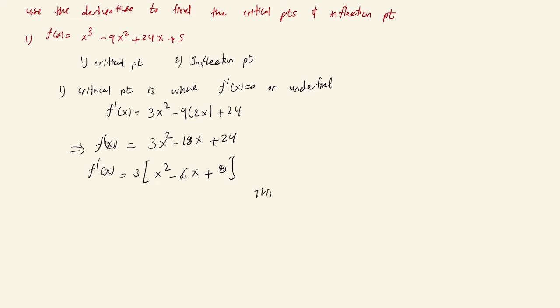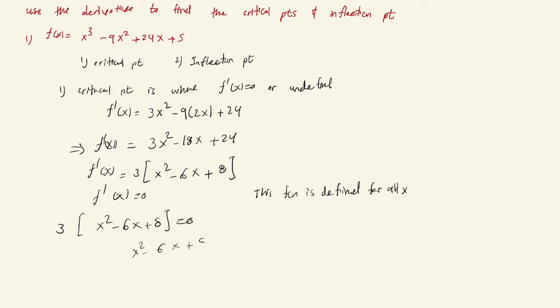Now, notice this function is defined for all values of x. So what we have to care about now is where the first derivative is equal to 0. That will result in x squared minus 6x plus 8 equal to 0.